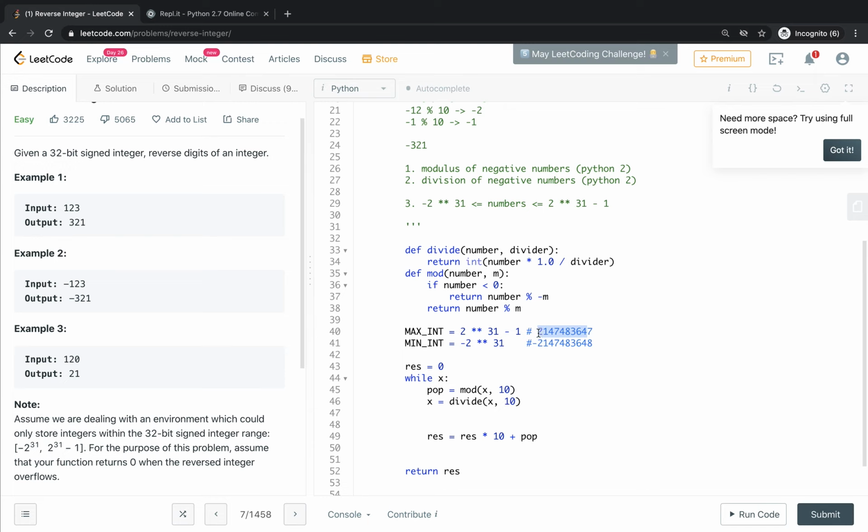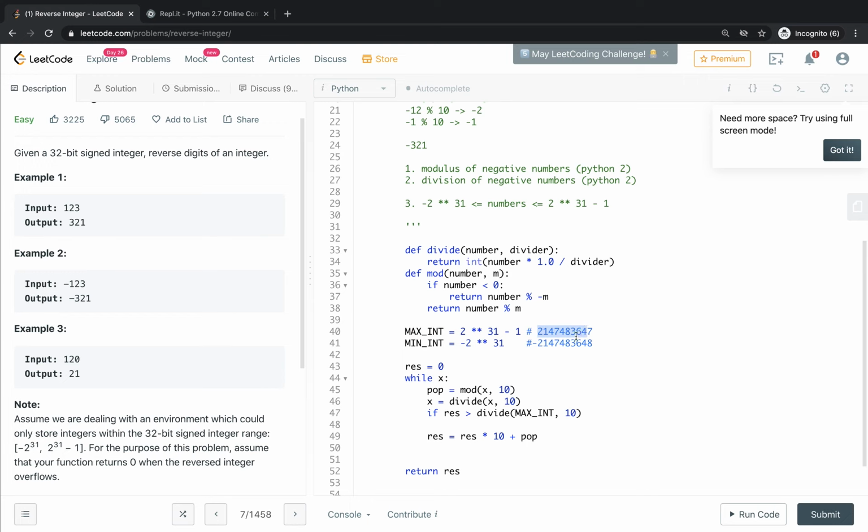Or if our current number is bigger than this number, then when we multiply it by 10, it's just going to overflow. So we have to make sure to catch that. So if res is greater than max int divided by 10, so this is max int, we divide it by 10, we get this number without the 7 at the end.